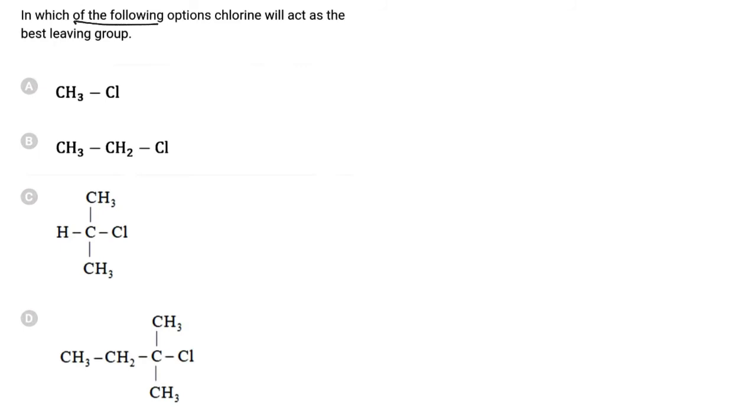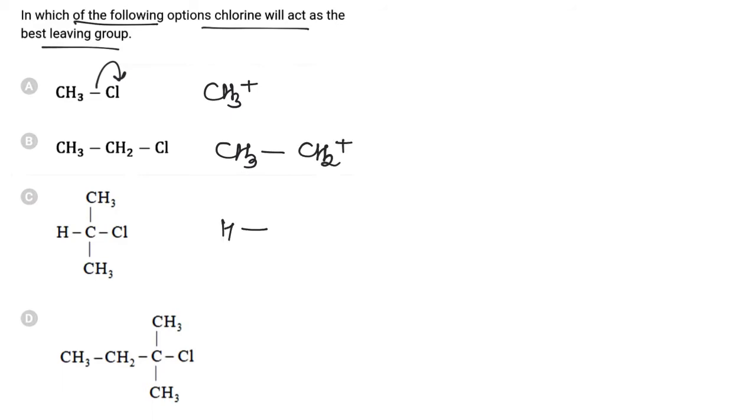In which of the following options will chlorine act as the best leaving group? Now in these cases, the leaving group ability of Cl as an anion depends on the stability of the carbocation formed. In the first case, a methyl carbocation is formed. In the second case, an ethyl carbocation is formed. In the third case, an isopropyl carbocation is formed. In the fourth case, a tertiary carbocation is formed.